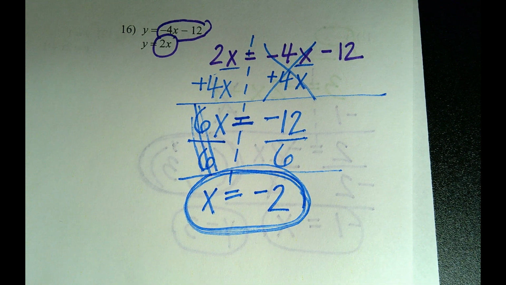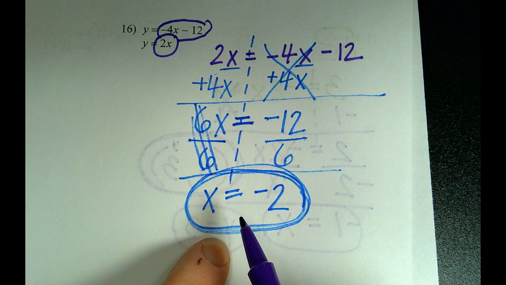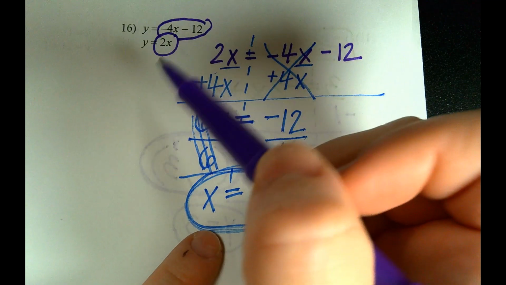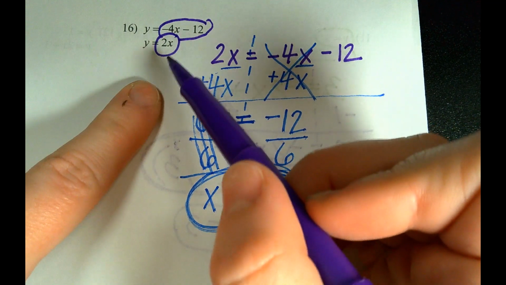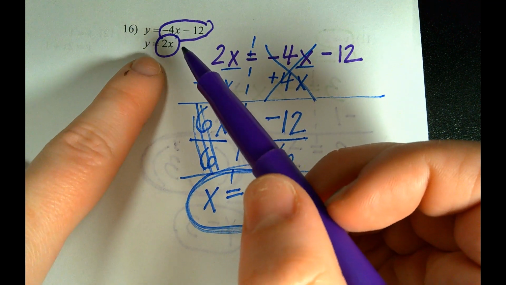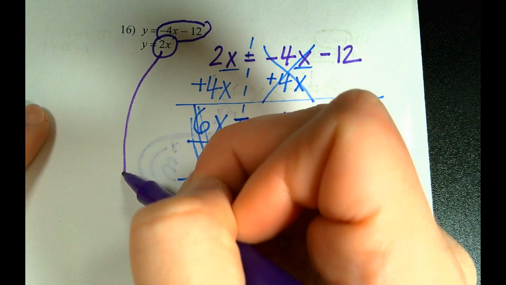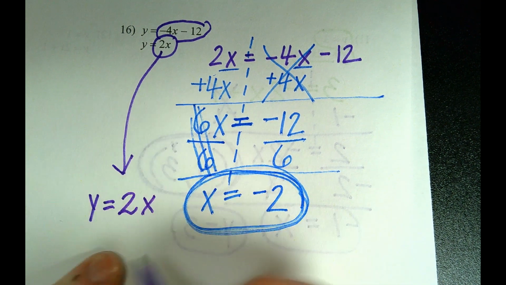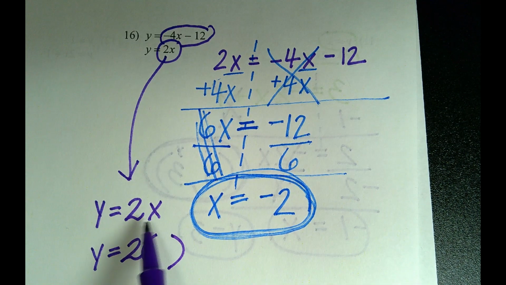Now how do I solve for y? We're going to plug in this value, negative 2, and replace the x in one of these equations. I'm going to use the bottom equation because that looks a lot easier. y equals 2 times x. So let's rewrite that. Instead of x, we have an x value.